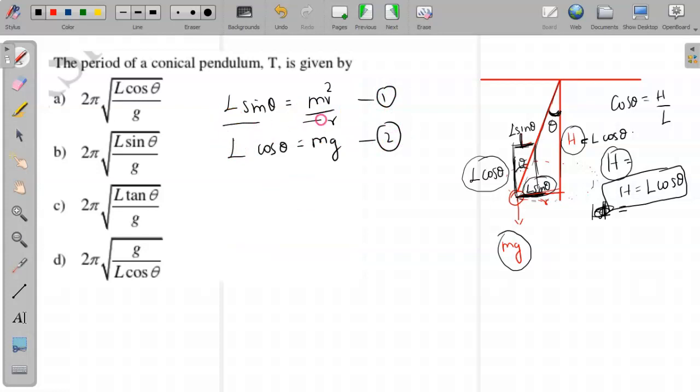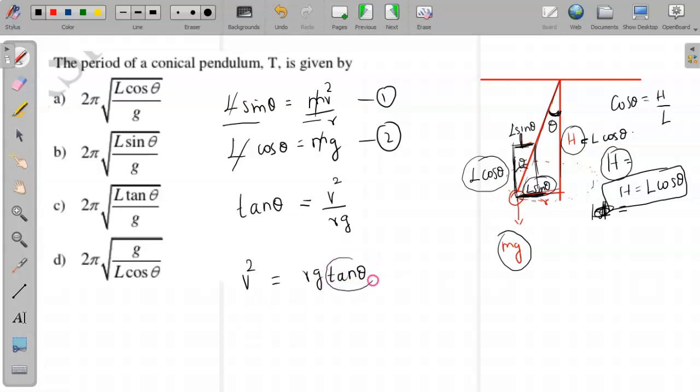We can divide both, so this cancels. Sin by cos is tan theta, mass cancelled, we have v square divided by r g. Now v square is equal to rg tan theta.